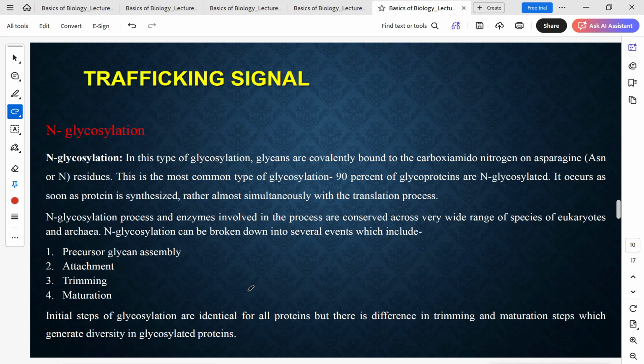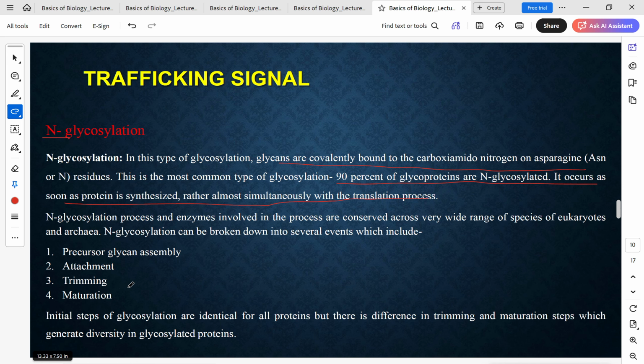Coming to N-linked glycosylation, in this the glycans are covalently bound to the carboxyamido nitrogen on asparagine, therefore N-glycosylation. It's the most common type of glycosylation; 90% of glycoproteins are N-glycosylated. It happens as soon as the protein is synthesized, almost simultaneously with the translation process.